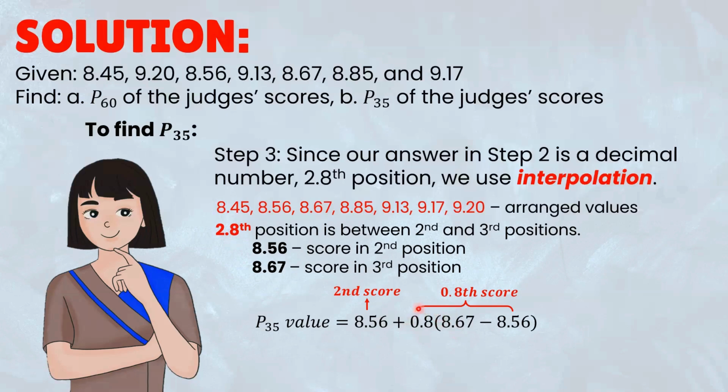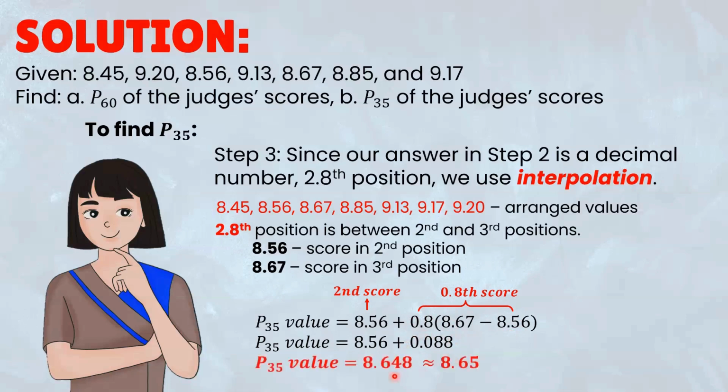We get 2.8 here from our answer in step 2. The decimal part of our answer in step 2, we use that one to get the 0.8 score. 8.67 is our third score and 8.56 is our second score. Performing the operations, we have 8.56 plus, the result will be 0.088.